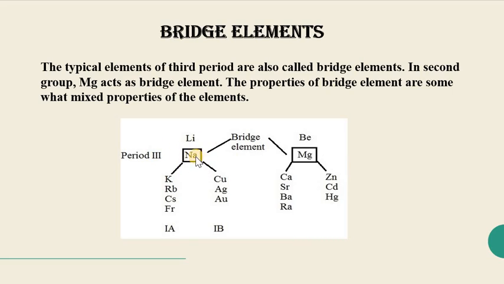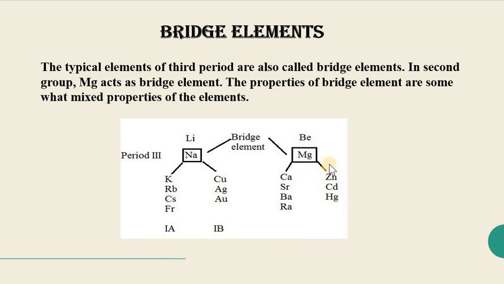Sodium is having combined or mixed properties of potassium and copper. These two are present in the 1A and 1B groups. So sodium is known as a bridge element. Similarly, in the third period, the second is magnesium.